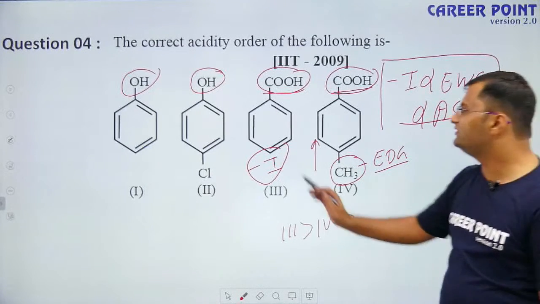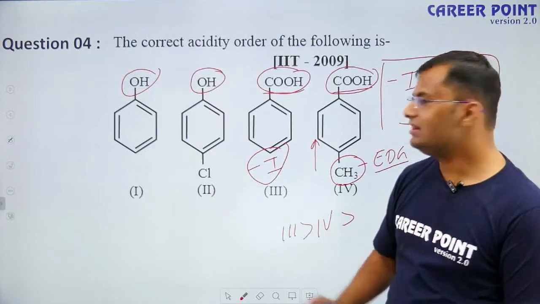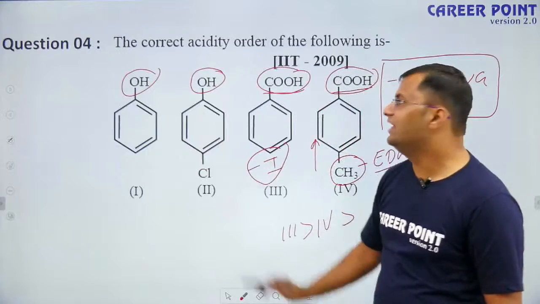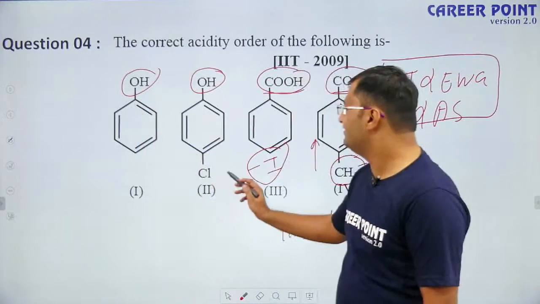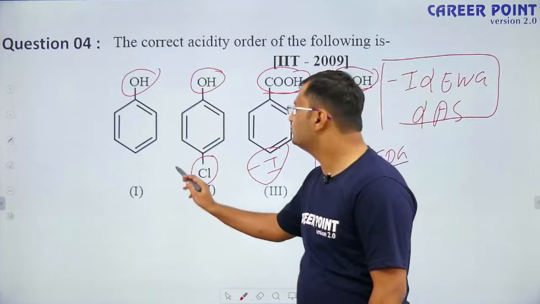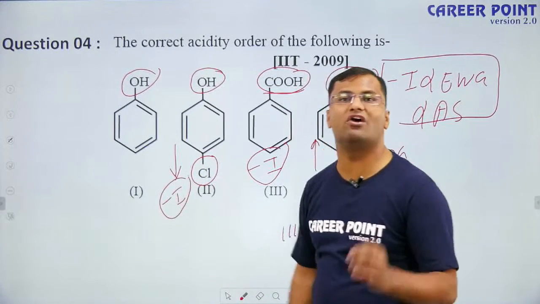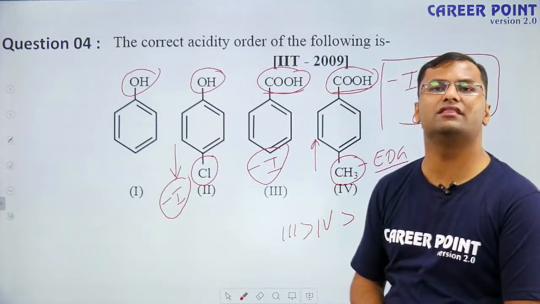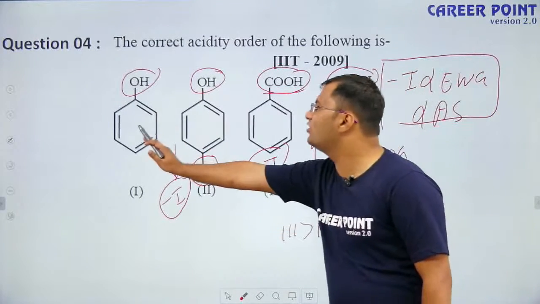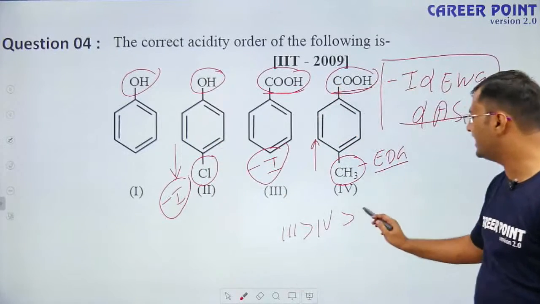Now as compared to these two phenols, this chlorine-containing phenol has a more minus I effect. So it is an electron withdrawing group and it increases the acidity of the compound. So among these two compounds, the correct option is second.